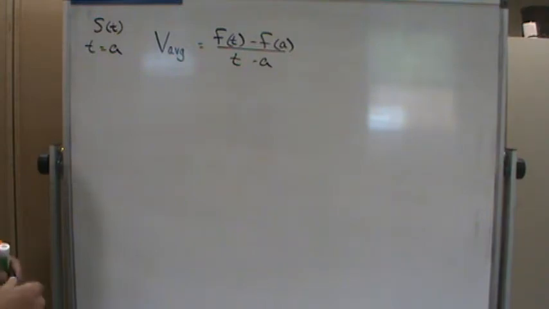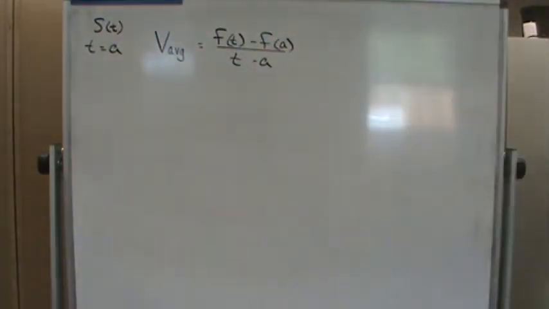Notice, again, it's analogous to the same situation we dealt with in the tangent line. So the definition of average velocity is given by this formula on the board.